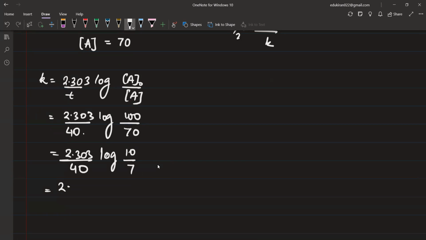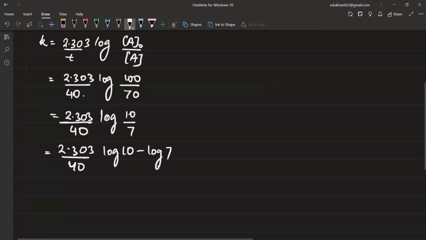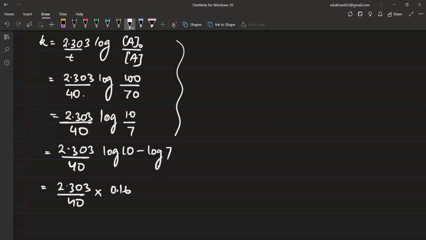So I can write this as 2.303 divided by 40 and log of 10 minus log of 7. So log of 10 and log of 7 will be equal to how much? 2.303 divided by 40 into log of 10 is 1 minus 0.84. It will be what? 0.16. Okay, so this is the number that we are getting.